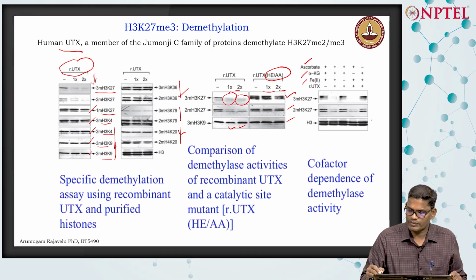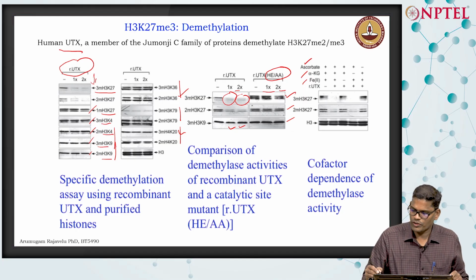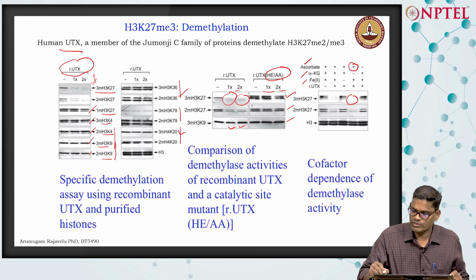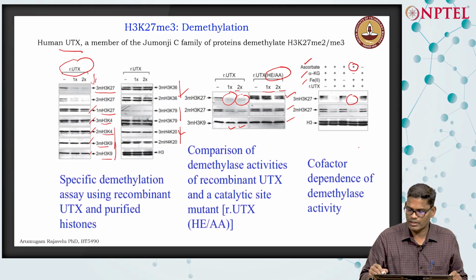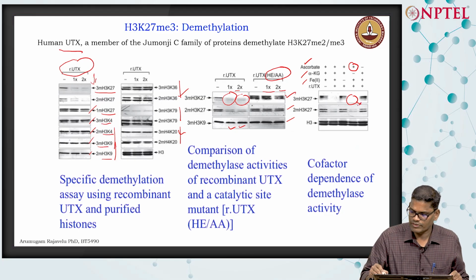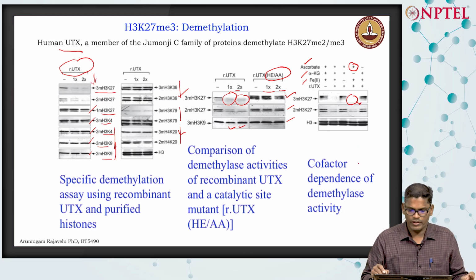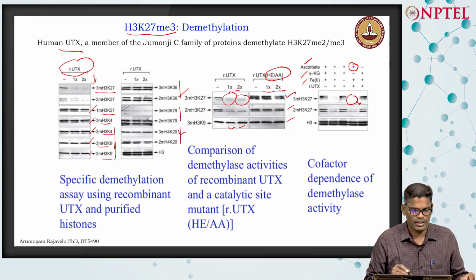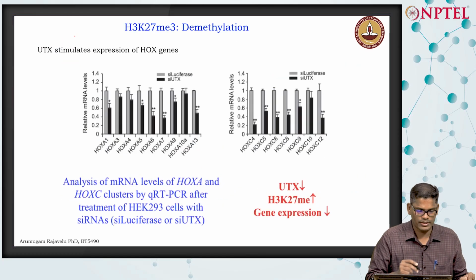Whenever they have alpha ketoglutarate and iron, only then do they see the specific demethylase activity here. In this case they want to say in addition to the ascorbate as well. Very specific assay, and then they see loss of demethylation activity here. So all the biochemistry confirms the histone 3 lysine 27 specific demethylation is done by the UTX protein.